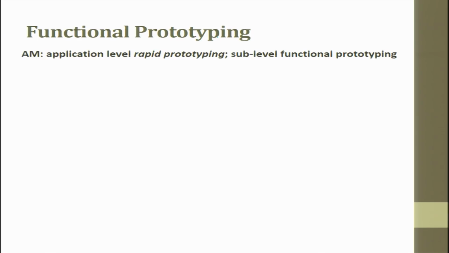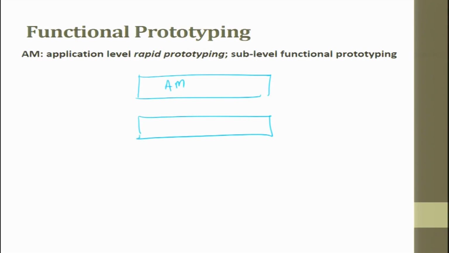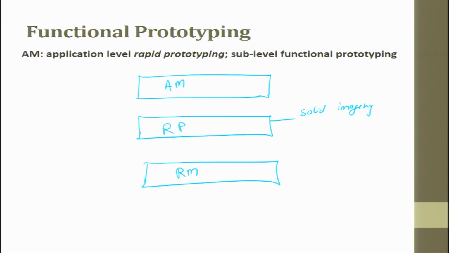So, when we talk about functional prototyping, going back to the same figure, this is additive manufacturing, which is rapid prototyping, rapid manufacturing. We saw here earlier it was solid imaging and concept modeling.